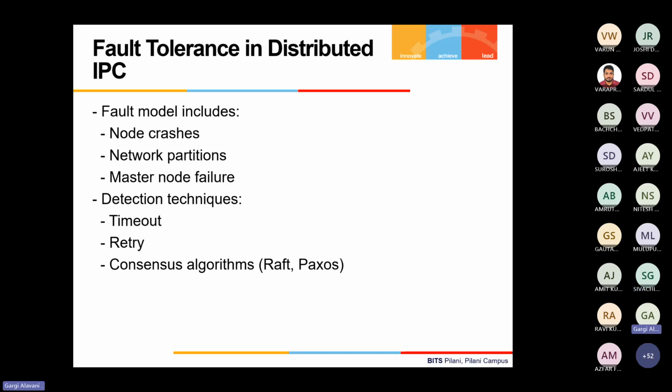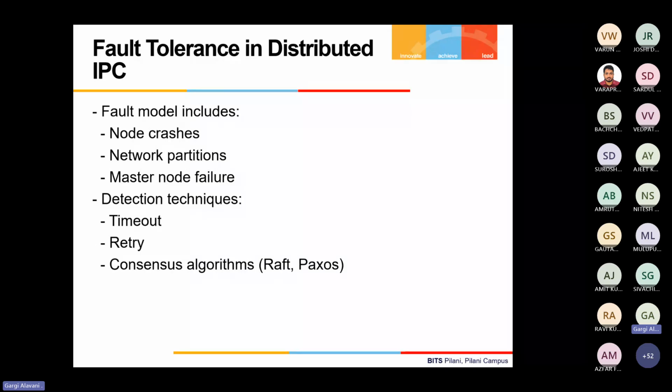So, how do we take care of fault tolerance? What if a node crashes? Fault tolerance is very important because it ensures that the system continues to operate even if some parts of it are failing.